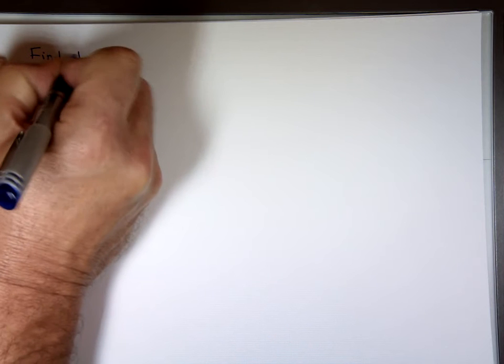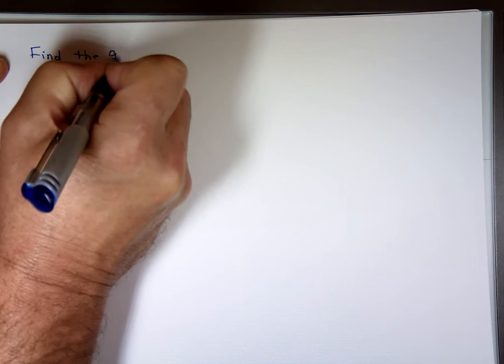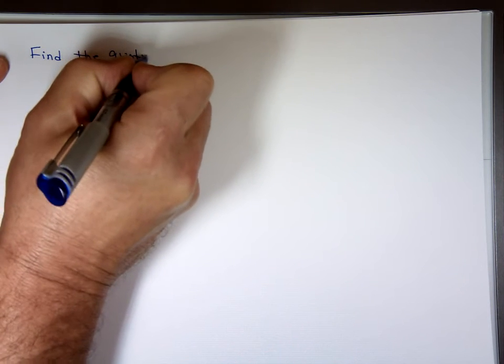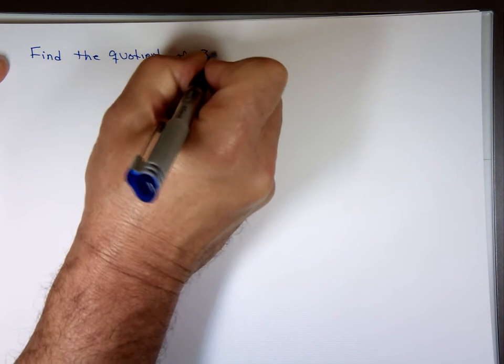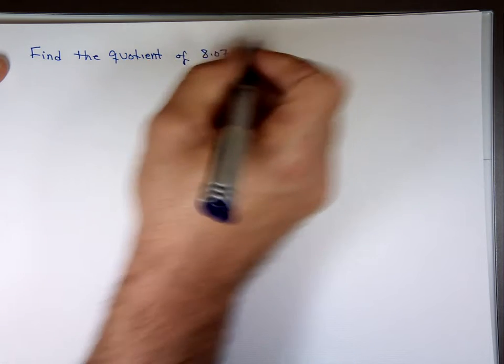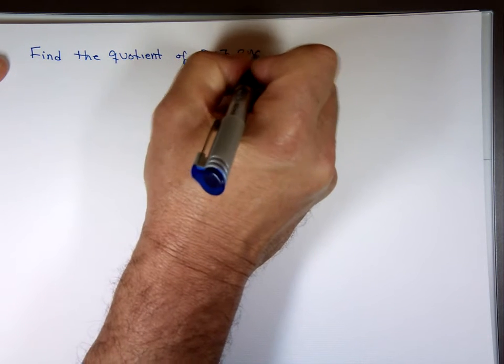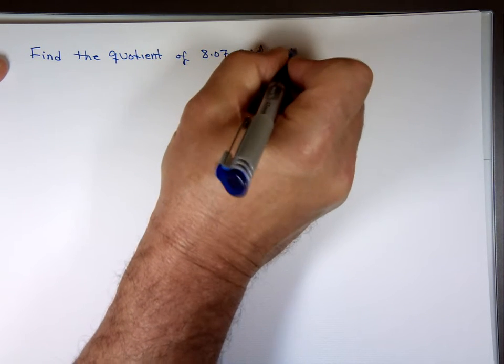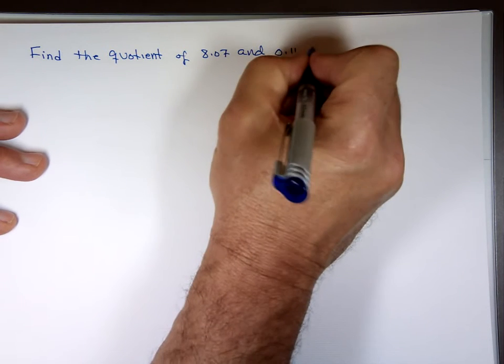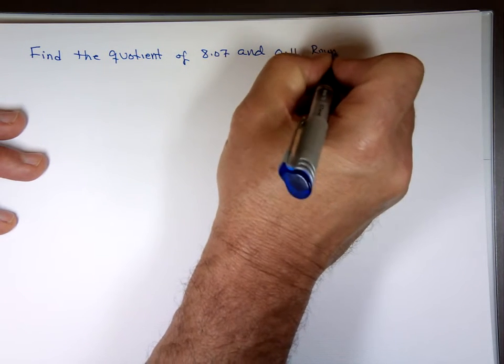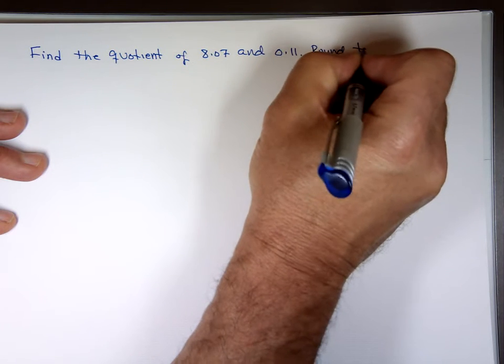Find the quotient of 8.07 and 0.11. And I will have to say round to the nearest.